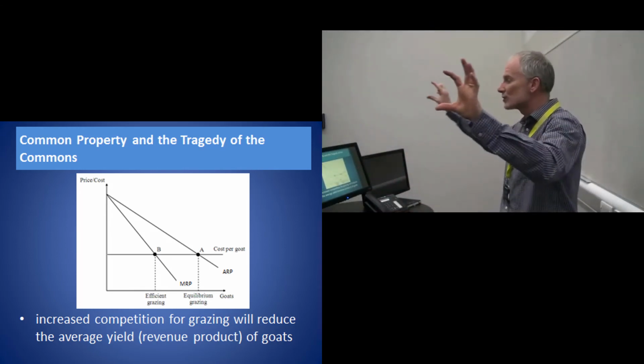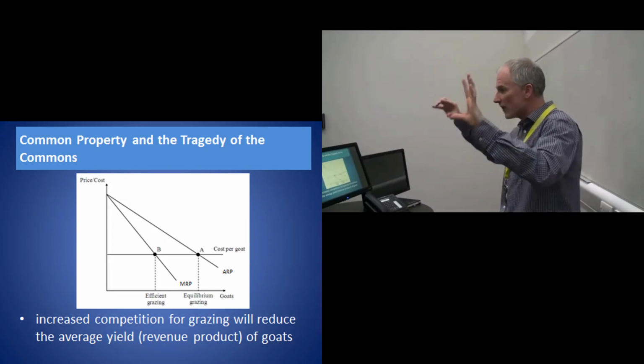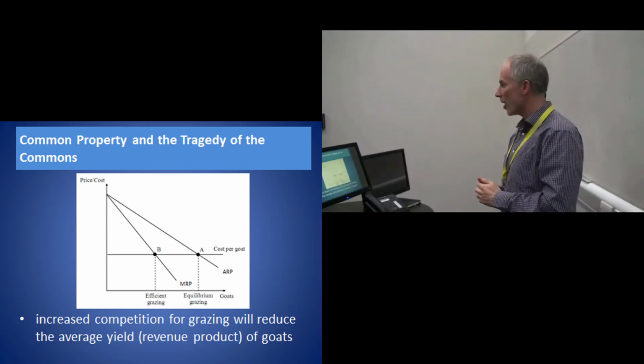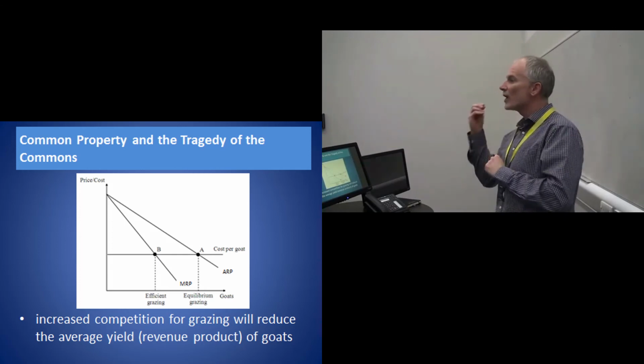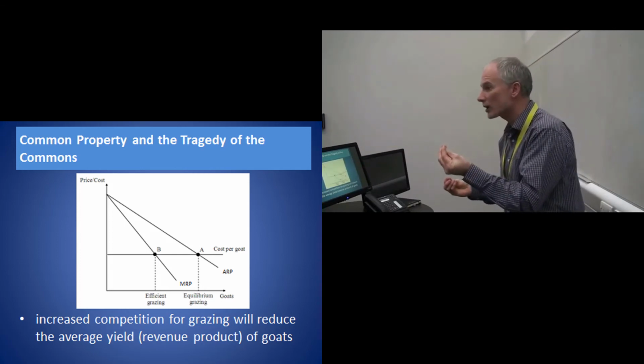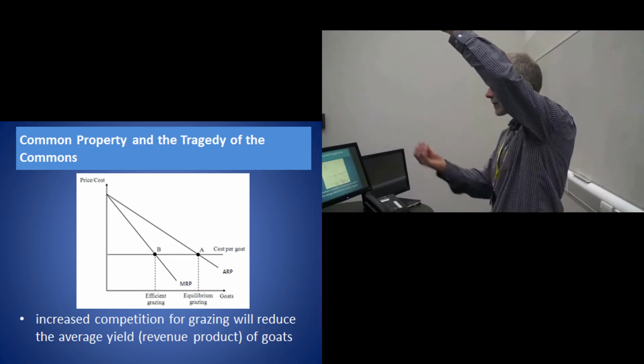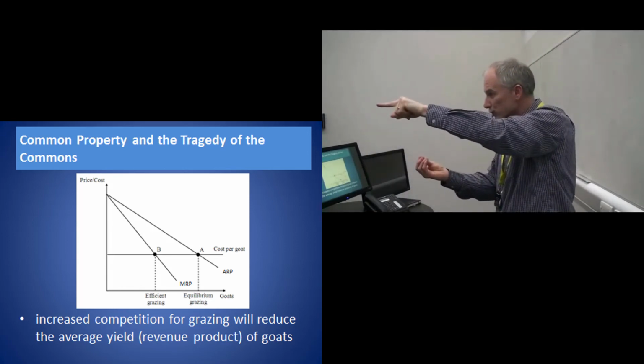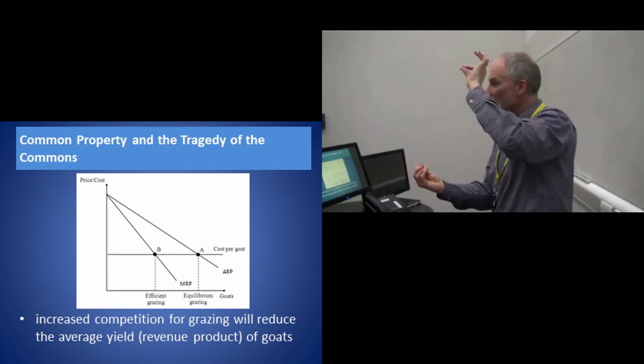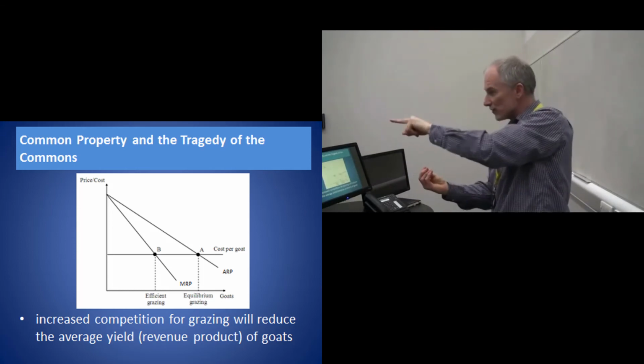If you've got an average run of marks, and then your next exam mark, the marginal mark, is less than your average, what happens to the average? It falls. So if marginal is less than average, average is falling.